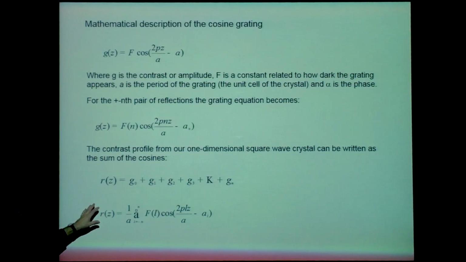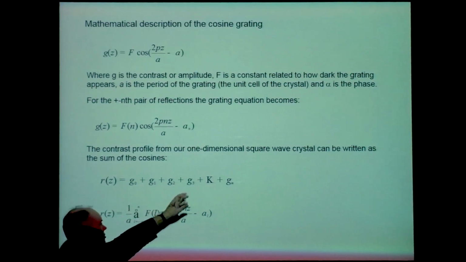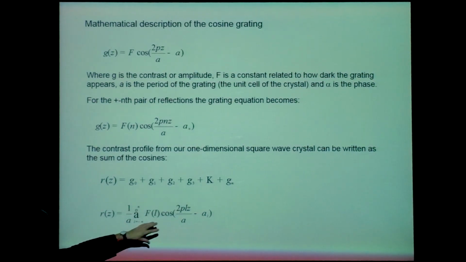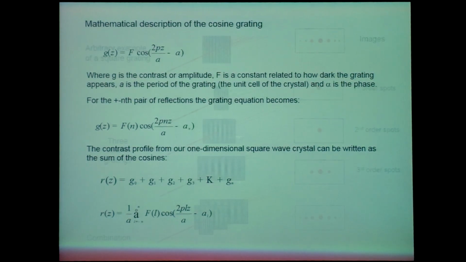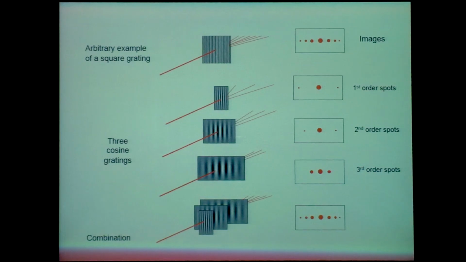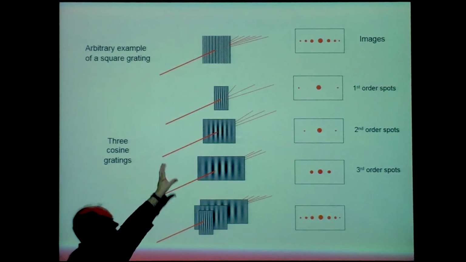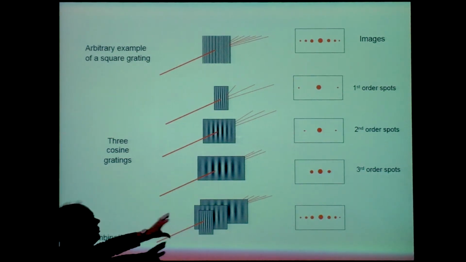Now this is important: diffraction can be made up of the sum of all these different cosine gratings within that crystal. G0, G1, G2, G3. You can write it in an equation that looks like that. So what it's essentially saying is that arbitrary diffraction is the sum of the first order diffraction grating, the second order, the third order, and so on and so forth.